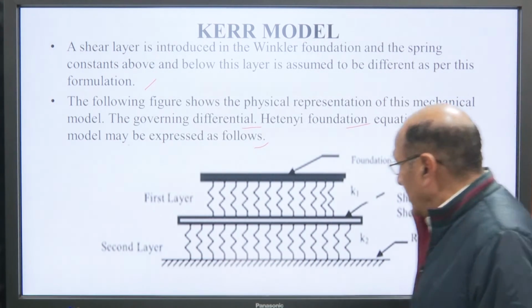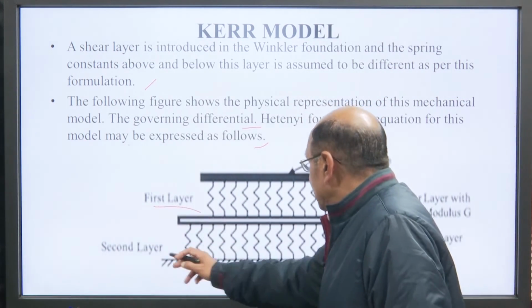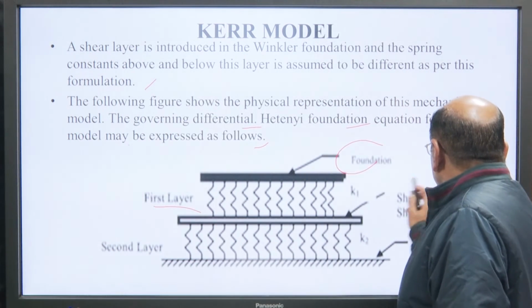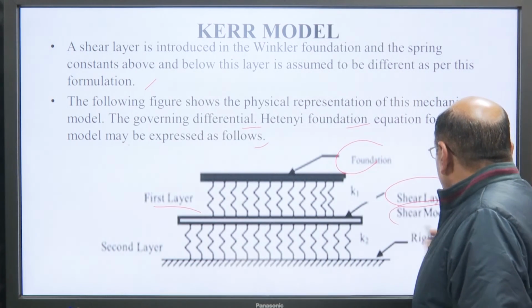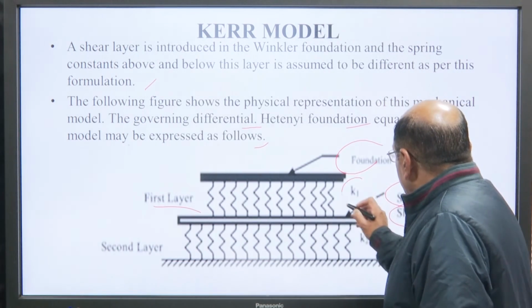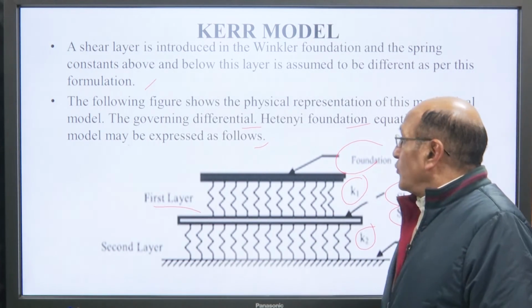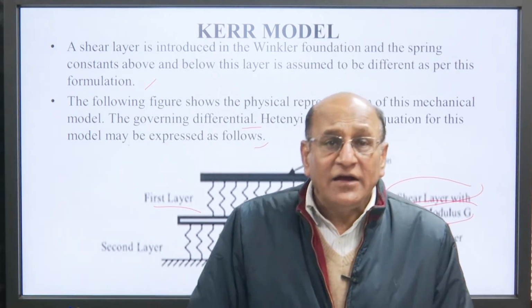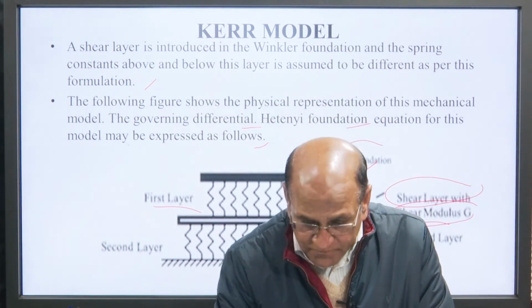We can see here, this is the first layer and this is the second layer. So, this is the foundation, this is the shear layer having shear modulus G, and this is the rigid base. So, we can say this is the K1 and this is the K2. So, it is a combination of all three we have discussed already.